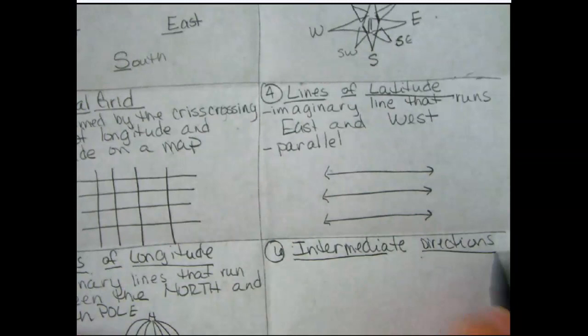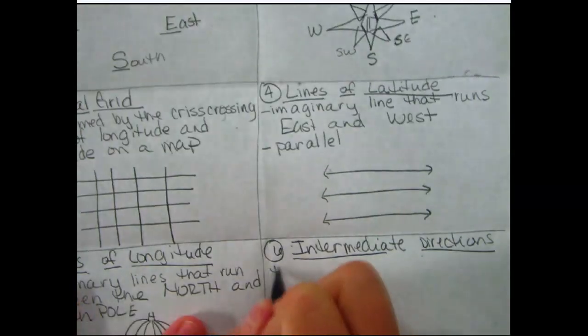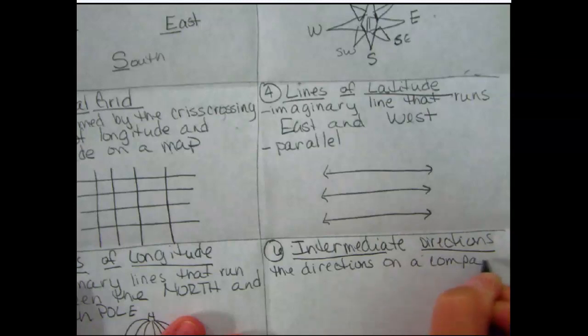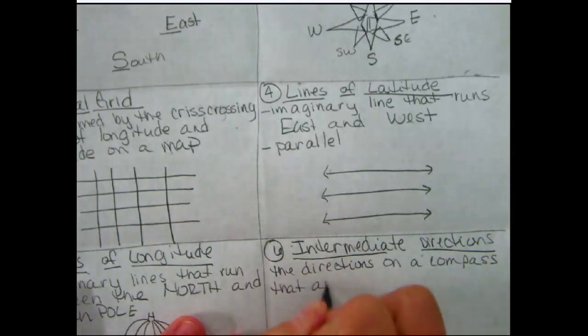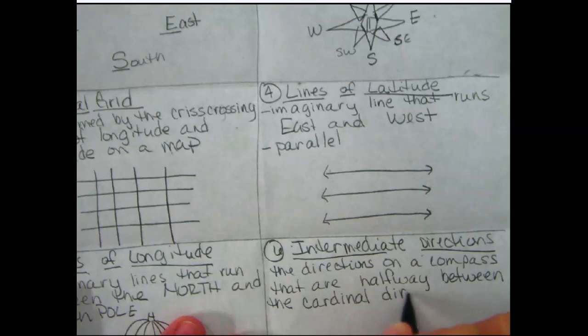The intermediate directions are the directions on a compass that are halfway between the cardinal directions. Intermediate directions are halfway in between the cardinal directions. So you have the northeast, the southeast, the southwest, and the northwest.